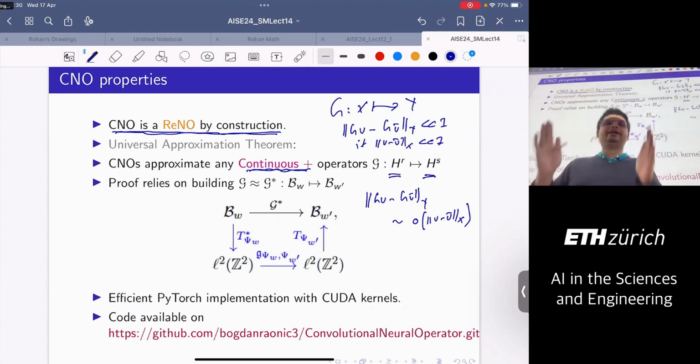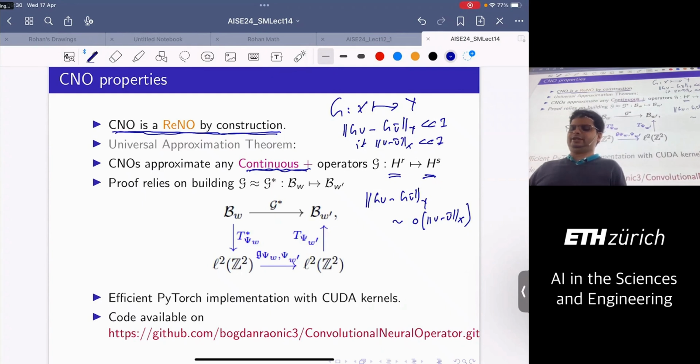This is an analog of what happens to finite dimensional vectors, right? A neural network was approximating functions, which are mappings between finite dimensional spaces, to arbitrary accuracy. What we are showing here is that a neural operator, CNO, FNO, and so on, can do the same for operators. So it is one level higher, but the principle is the same.